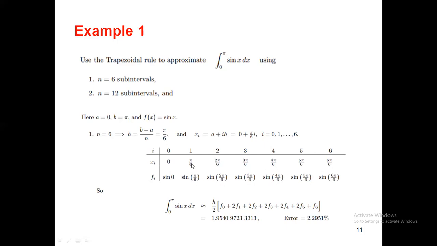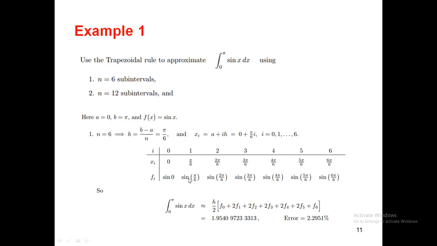Since your values here are not degree values, don't commit the very grave mistake of having your calculator in degree mode. It should be in radian mode. Now, since you already have the function values, the value of sine 0 will stand as is, and the same with the value of sine of pi.